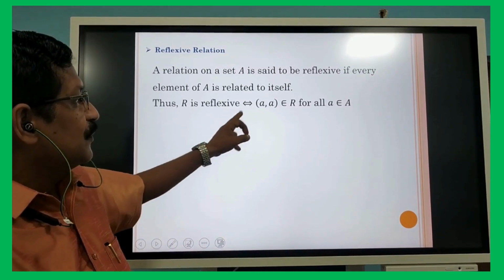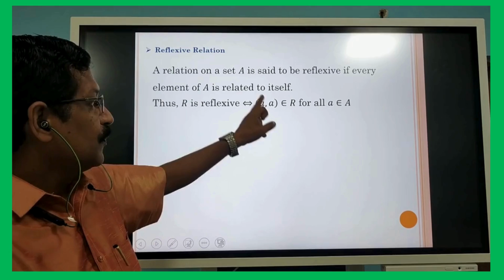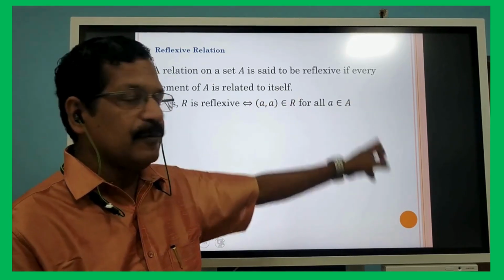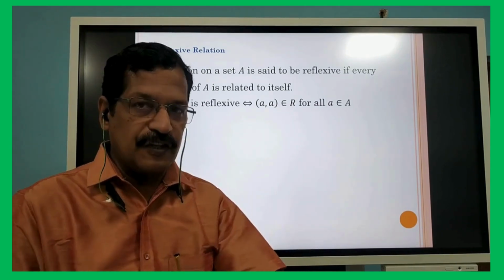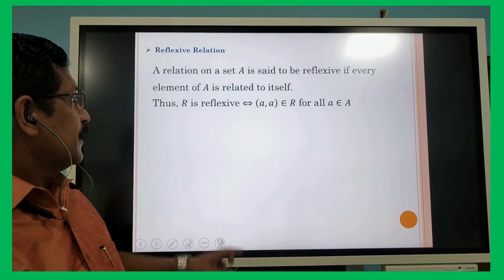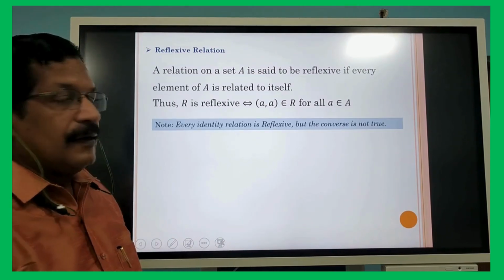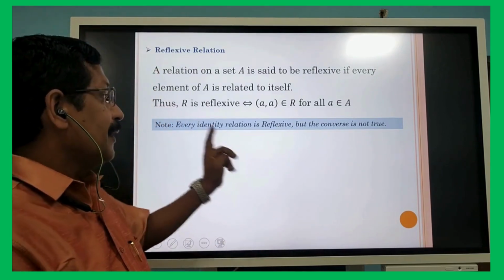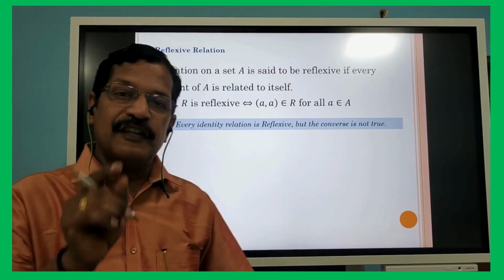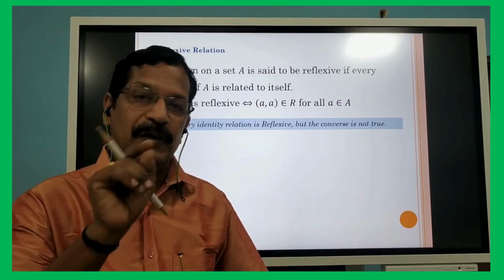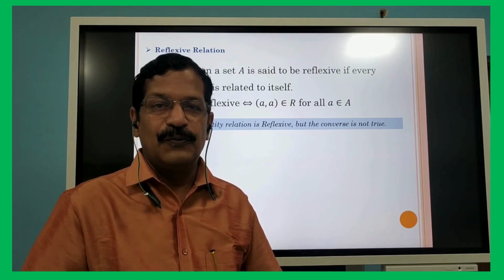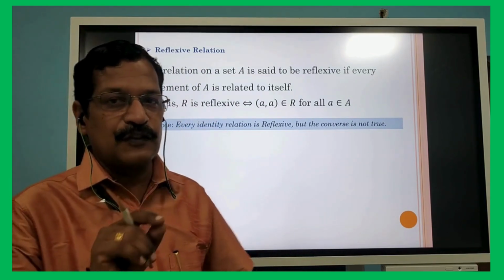Thus, R is reflexive if and only if (a, a) is an element of R for all a in the set A. Dear children, please note that every identity relation is reflexive, but the converse is not true.